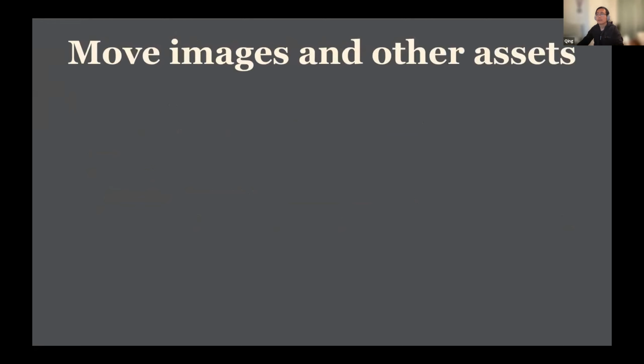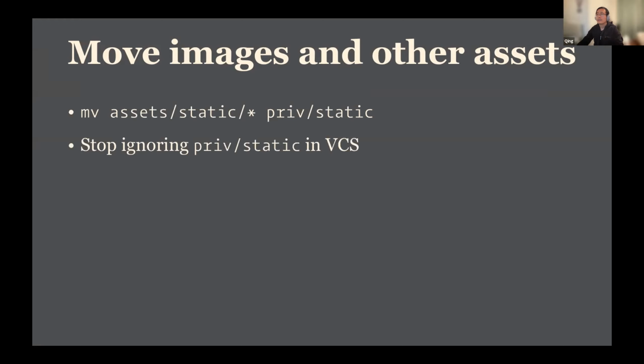Then we deal with the images. This is not mentioned in the Phoenix 1.6 upgrade instructions by Chris McCord, but I found José Valim's recommendation in a Reddit thread. What he recommends is to just move everything under assets/static to priv/static, and then stop ignoring priv/static in version control.